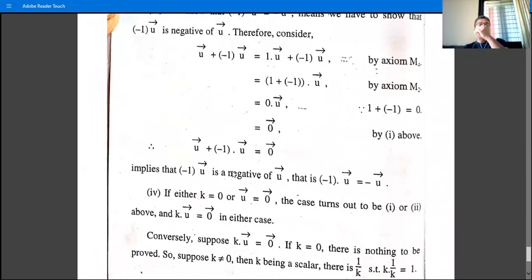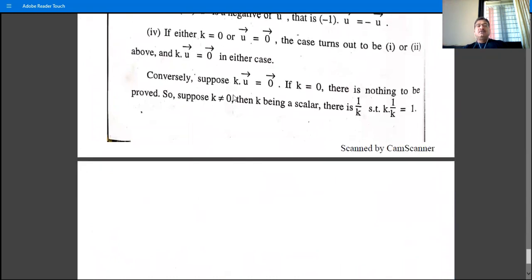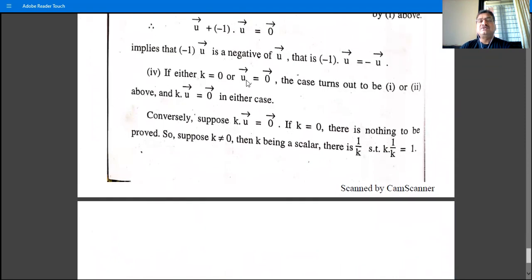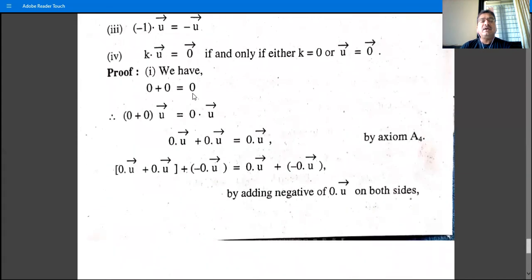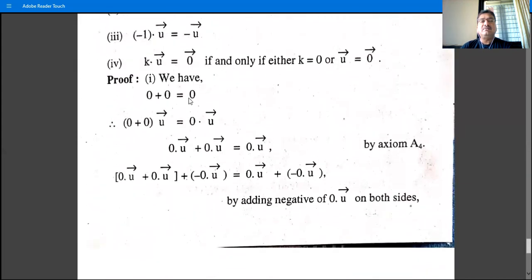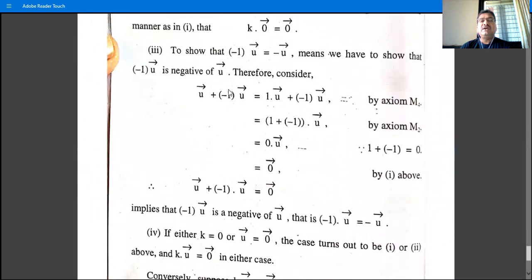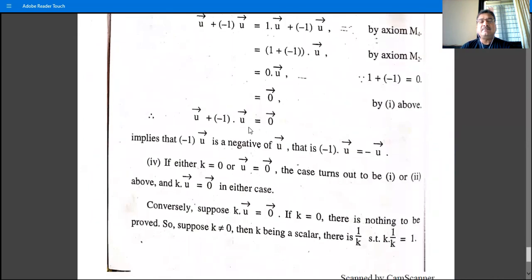So suppose ku bar is 0. If k is 0, then there is nothing to prove. So either k is 0 or u is 0, then the case turns out to be 1 or 2. That is, we have ku bar is 0 bar.